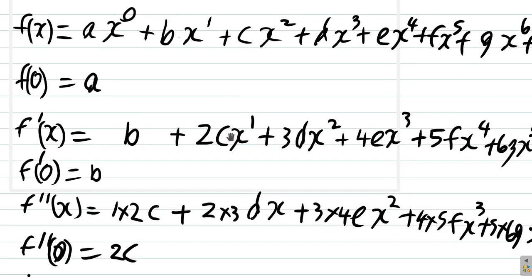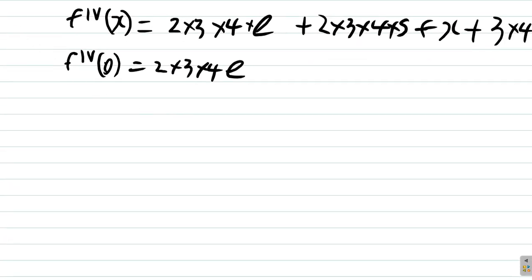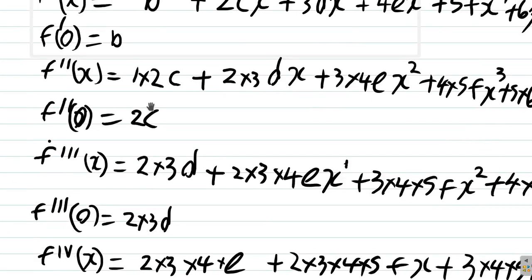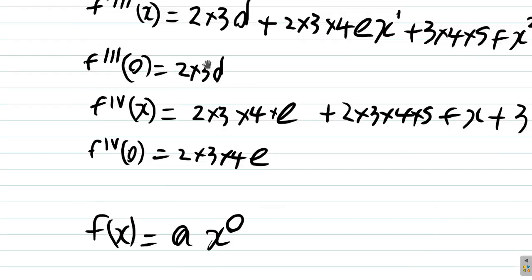But how do we match it up with this? Remember, we say f of x is a x to the 0. What is a? A is f of 0. All right. So here, f of x is equal to a x to the 0, but a is f prime, no, a is f of 0.